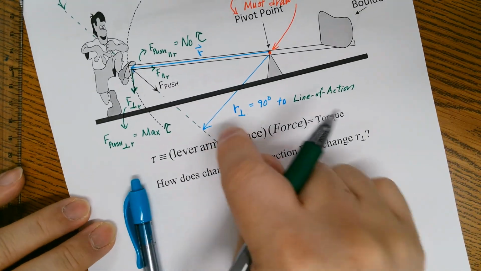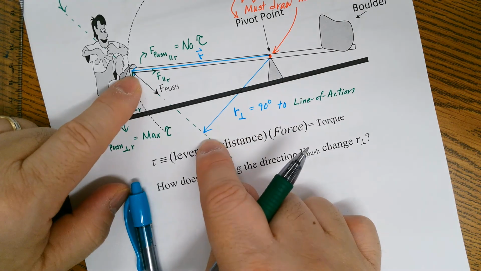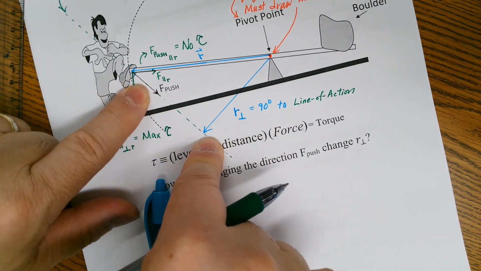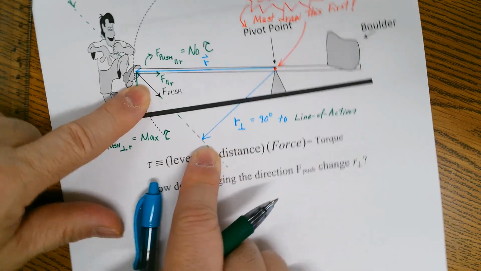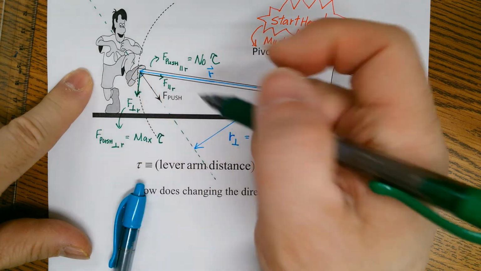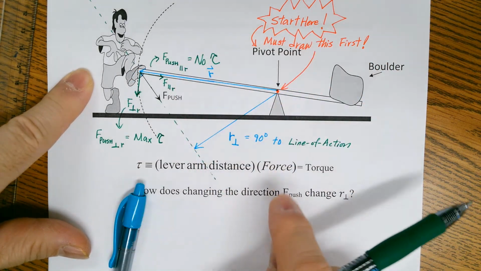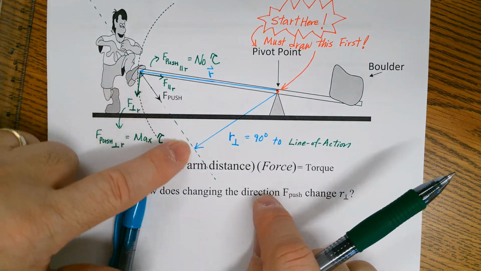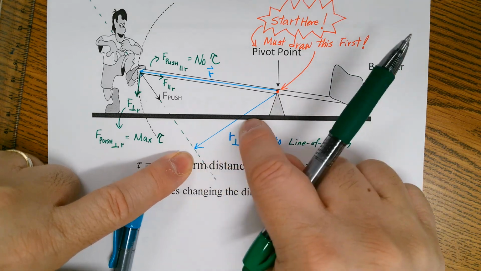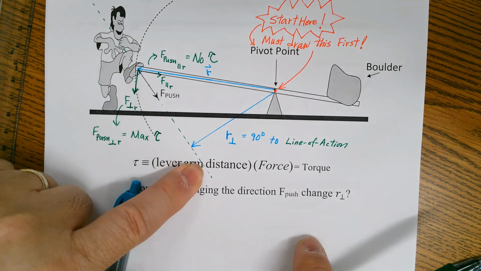This multiplied by this force push will also give you torque. Okay, so there are two ways of looking at this. Either this R times this force perpendicular to R, or this force times R perpendicular to that line of force, the line of action.